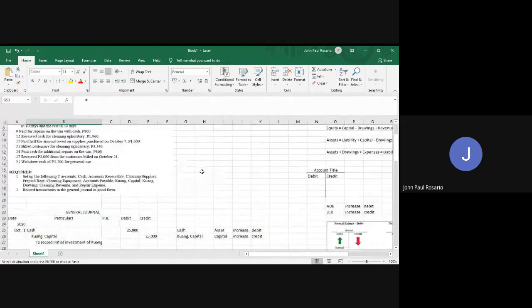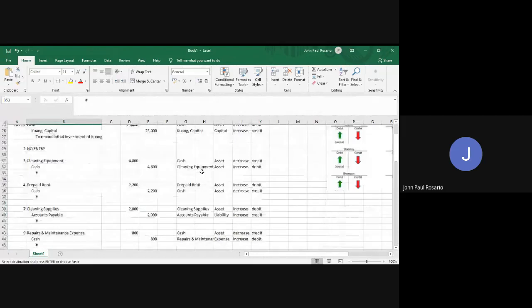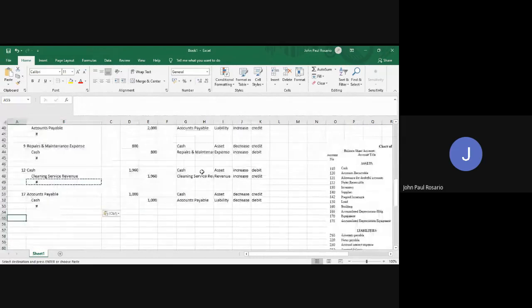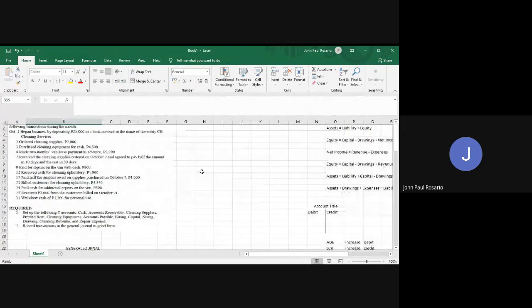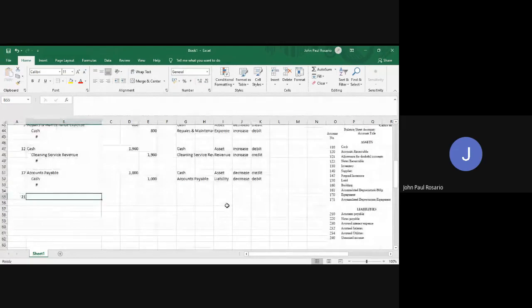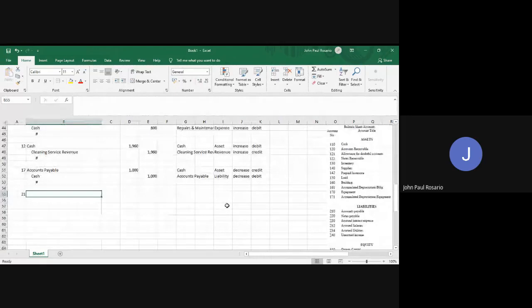Tapos, so 21. Yun siya nga billed customers for cleaning upholstery. So meaning, na cleaning upholstery, meaning na kay cleaning service revenue. Render na kag service.